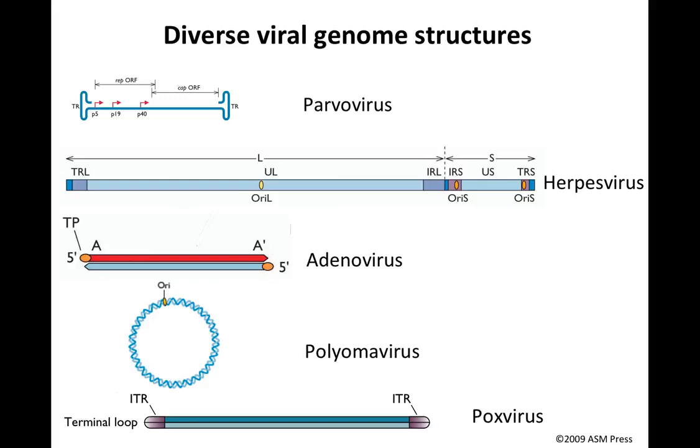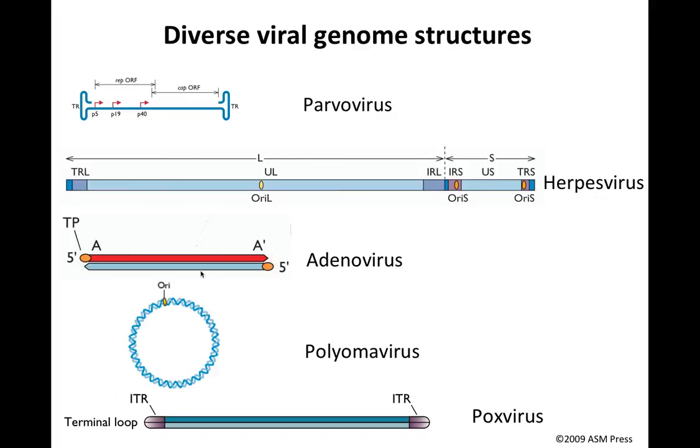And on this slide are examples of the different genome topologies that we'll talk about in terms of how they are replicated. And you can see we have the parvoviruses. These are viruses with single-stranded DNA genomes shown here. They're relatively small. The herpes viruses are quite large, double-stranded linear DNA molecules.